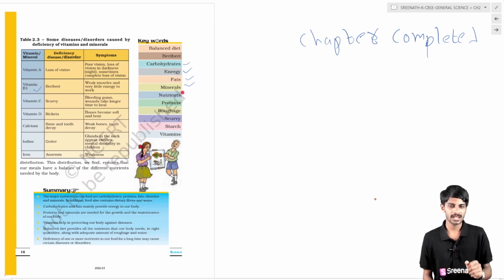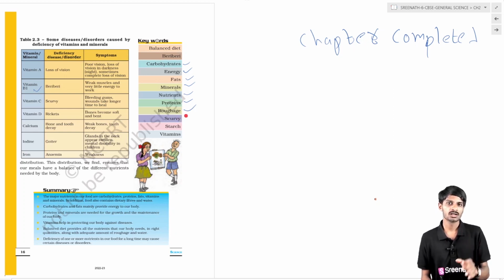Minerals are the micro components. We have some minerals like iron, iodine. Minerals also help us in many ways. Nutrients: the food components which are needed by our body are called nutrients. Proteins are called the body builders, they help to build our body. Roughages are also called dietary fibers.